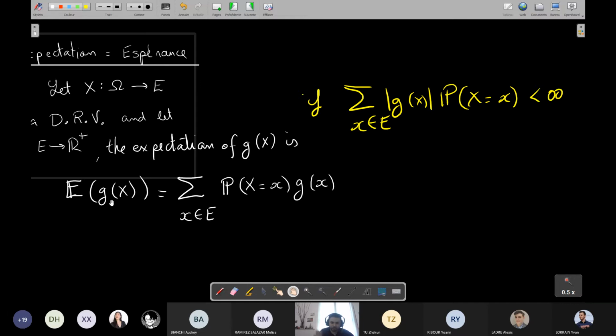Later, when we study continuous random variables, we will see that there's actually just one formula for the expectation.